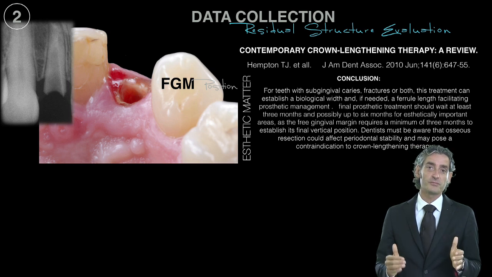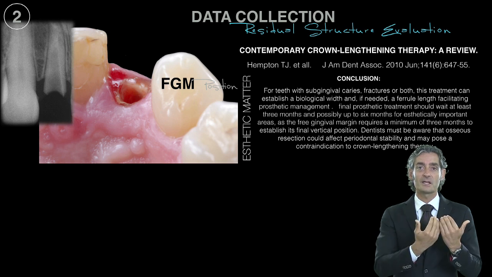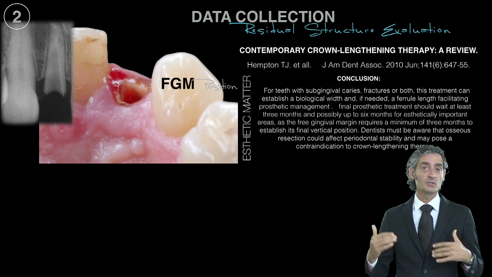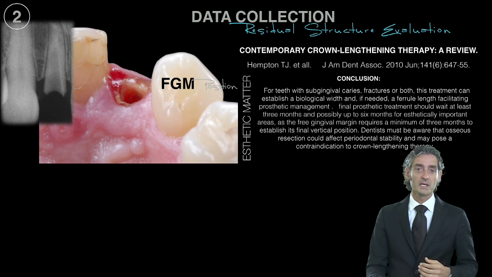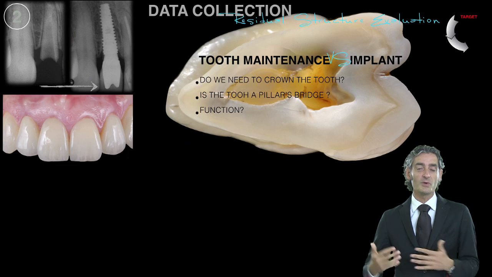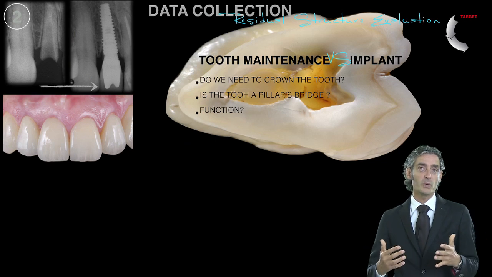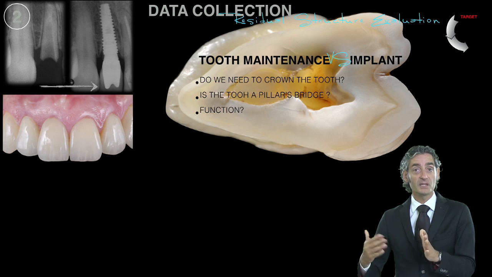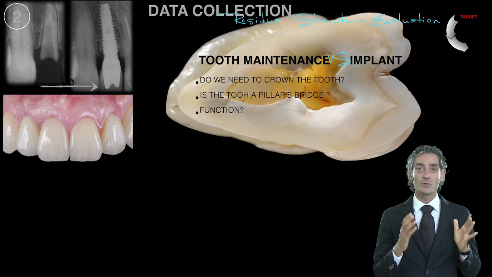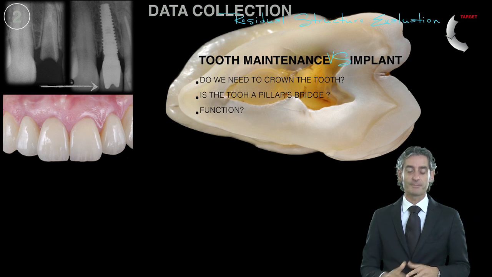So we cannot perform a crown lengthening if all the teeth are at the right level and the right soft tissue level. This will create a problem. So in a tooth like this, what we want to do is evaluate the case, but if it's not a tooth that can be predictable for a long-running restoration, we have to go for the extraction and the implant placement, as you can see in this case.